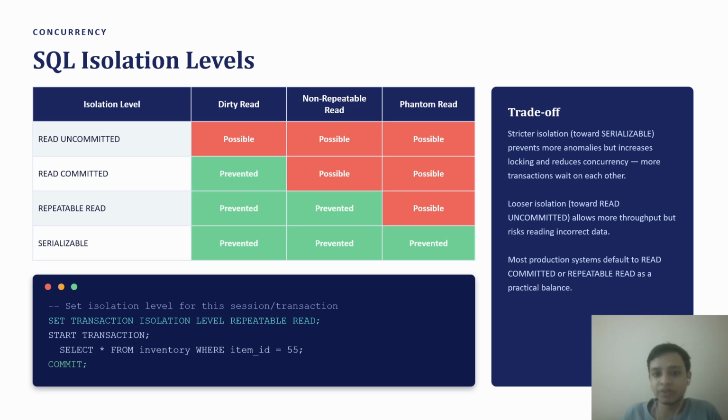So non-repeatable read is prevented in that. And dirty read is already prevented. But phantom read is possible because there are n number of rows, and phantom deals with rows, which do not deal with the data.